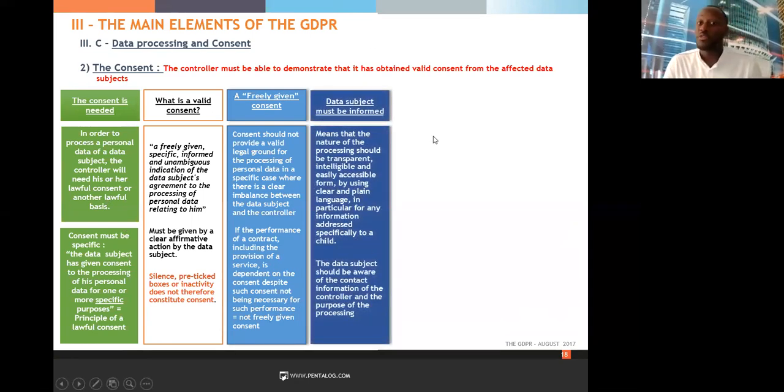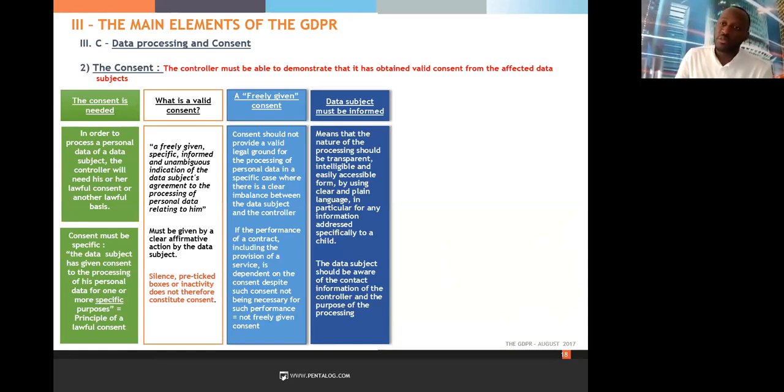The data subject must be informed. Yes, it must be informed. That means that the nature of the processing should be transparent. Transparency, remember that. Intelligible, in an easily accessible form, using clear and plain language, in particular for any information addressed specifically to a child. The data subject should be aware of the contact information of the controller.